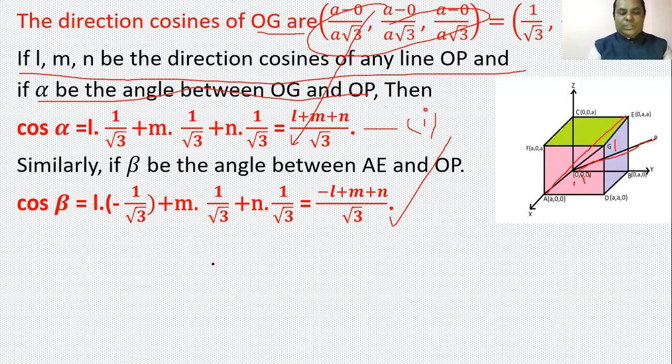It means the length of OG equals the length of AE, equals the length of BF, the fourth diagonal I am talking about, equals the length of CD. Because all these distances are equal.